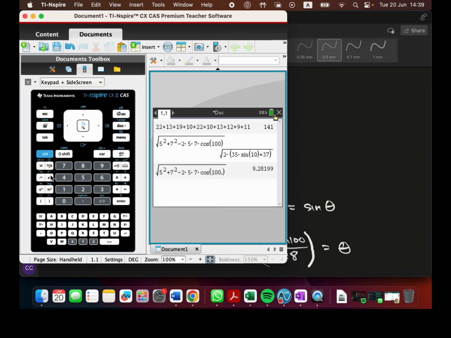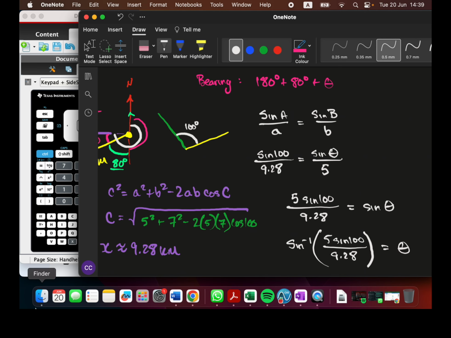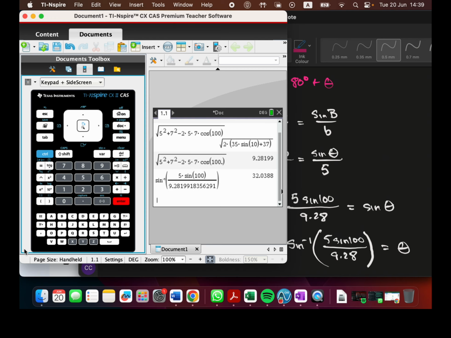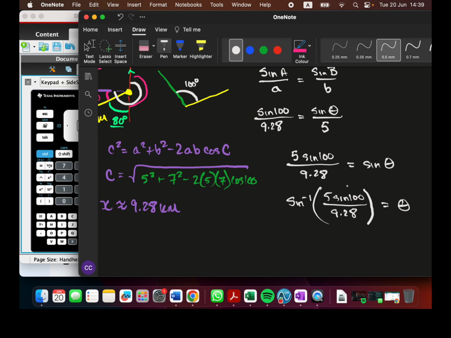So if I grab my calculator and I go the arc sine of, I'm going to forget all of these numbers immediately, 5 times the sine of 100 divided by, I'm going to use the exact value here. Checking that, this matches that, so I get about 32 degrees. So theta is about 32 degrees.